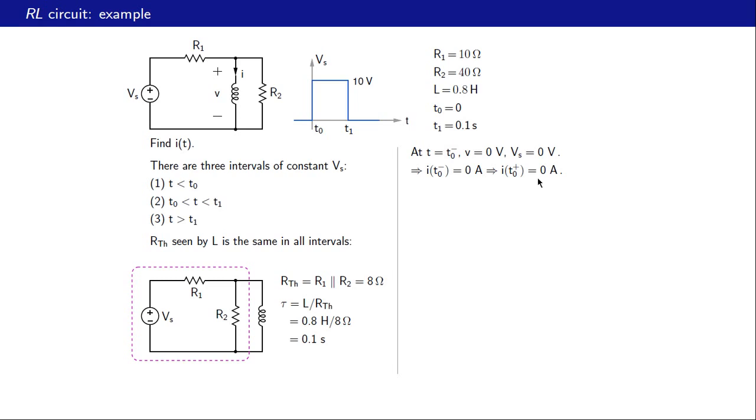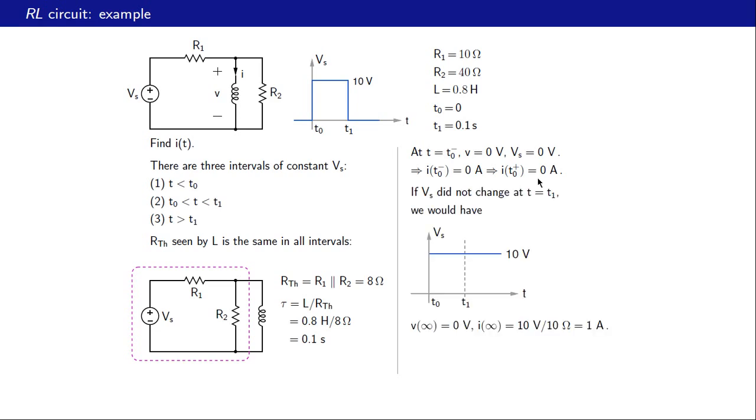Alright, let us now obtain another condition on the current, and we will do that by assuming that this Vs did not change. In real life, of course, Vs has changed at t1, but let us pretend that it has remained constant. The question is, does this make sense?